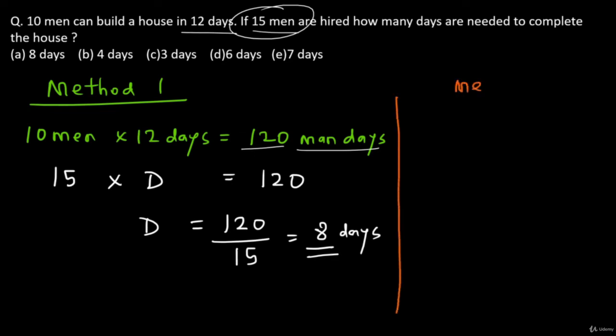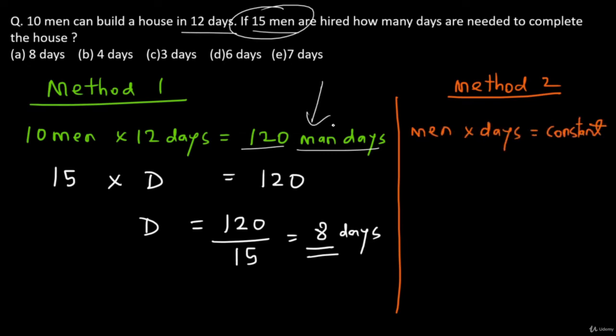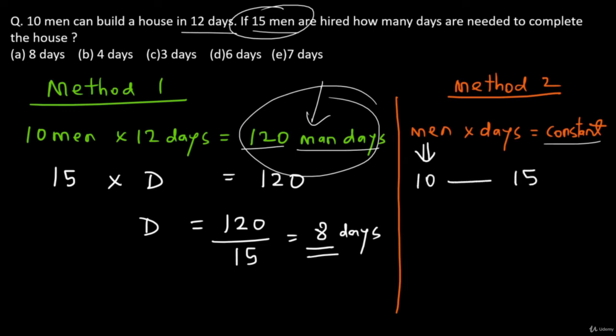Now, another method with which we can solve this is using the product constancy rule, which we have discussed already before. Over here, we know that men into days is constant, because the work is constant. That's the work, right? This is constant. So over here, men have changed from 10 to 15. So we are going from 10 to 15. That is an increase by 1 by 2.